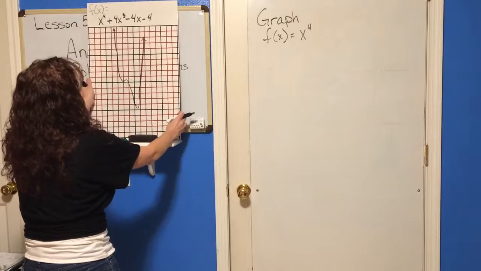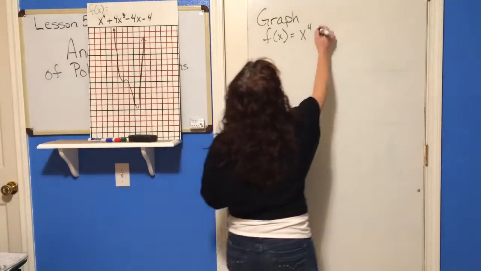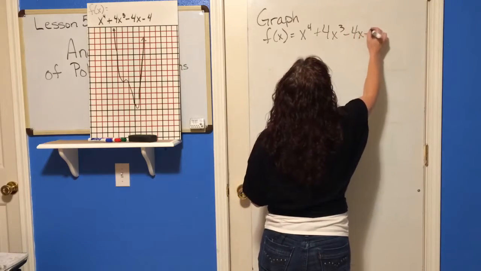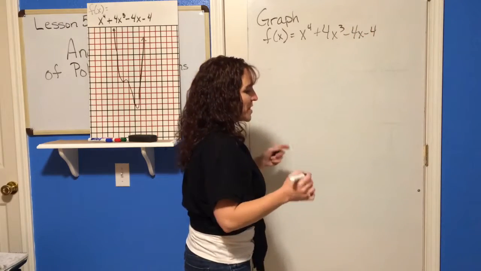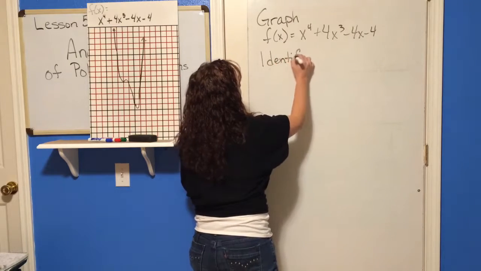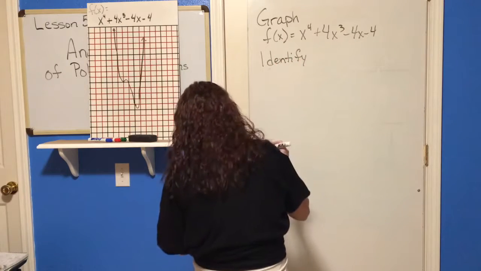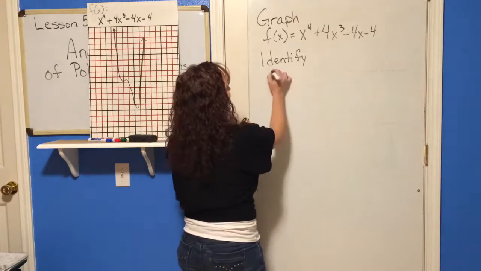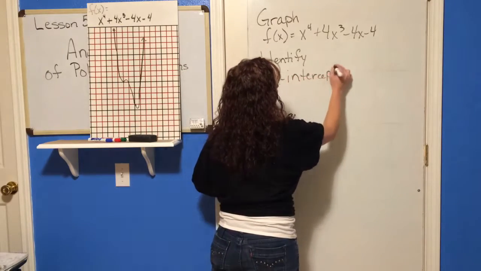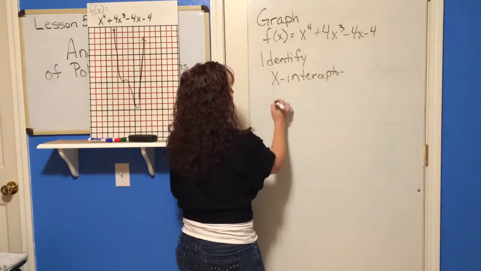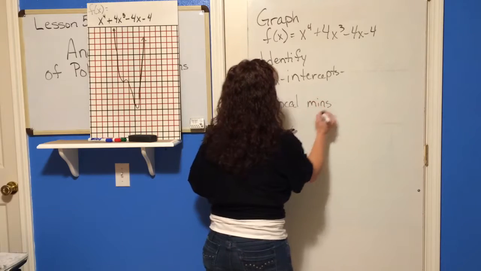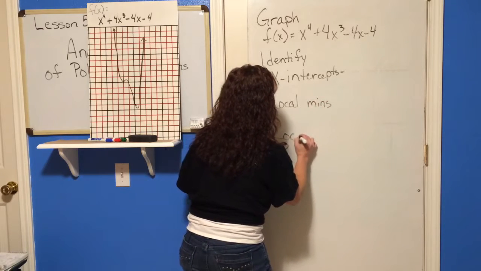So you're going to graph this function, and what we want to do is this. We want to identify the x-intercepts. We want to identify local minimums. And we want to identify any local maxes.